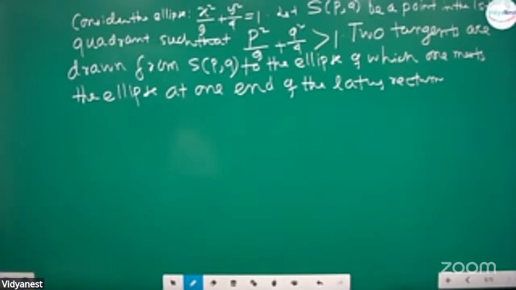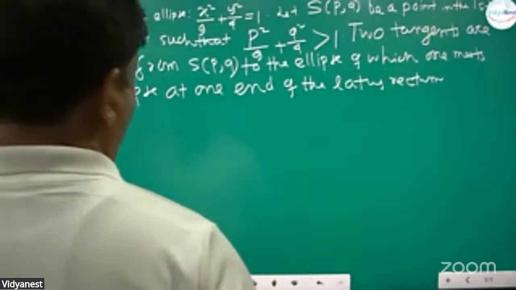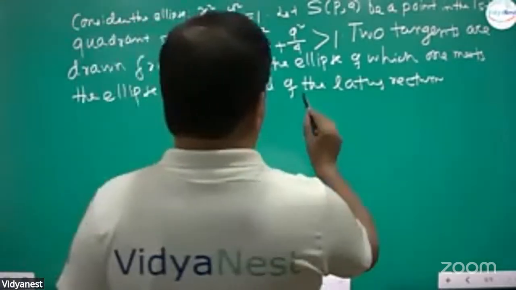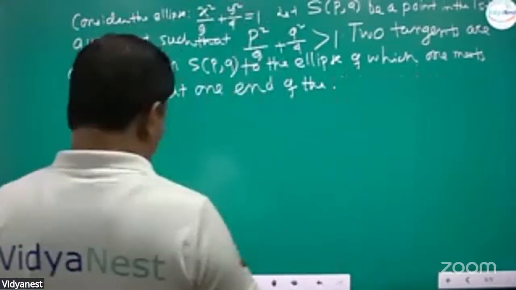One meets the ellipse at one end of the minor axis.